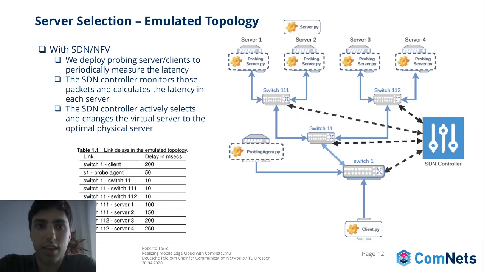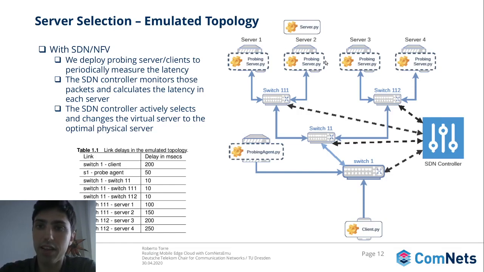So what would happen with SDN and NFV? We are going to add a new device, an SDN controller here, that is going to be connected to all of the switches. And we will have this probing agent, as I was saying, sending probing packets to each of the probing servers.